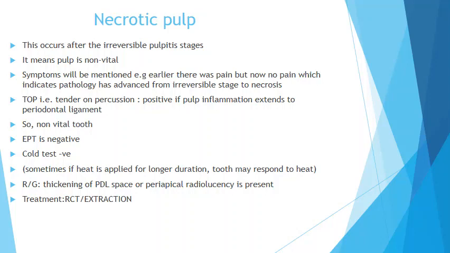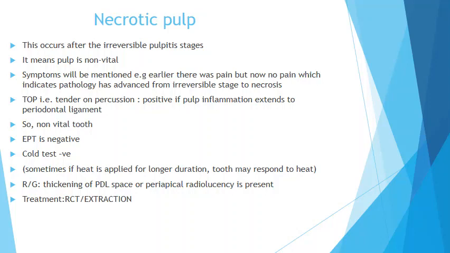On to necrotic pulp. What is necrotic pulp? It means when the pulp is non-vital. It will respond negative to the vitality test. This occurs after irreversible pulpitis.